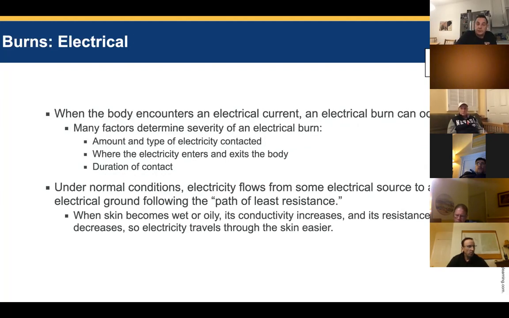So again, we're talking about mechanism of injury, trying to determine where the electricity entered the body, where it left the body, and know that electricity is going to follow the path of least resistance. And you can even see on the skin sometimes where that electricity flowed, because it actually burns. And I think there's a slide coming up here that'll show that, called feathering or ferning.